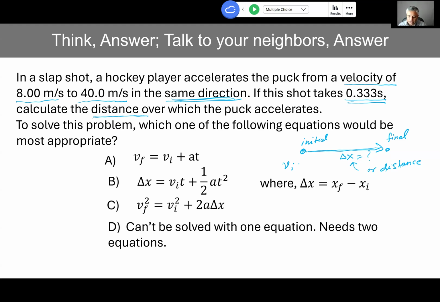And what is known? Initial velocity in that direction, the x direction, is known. And let's say whatever direction it is moving from initial to final, let's say that is positive. So that gives me positive 8 meters per second. That is velocity, not acceleration.